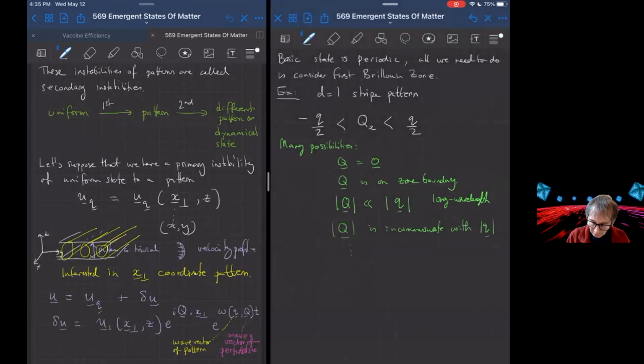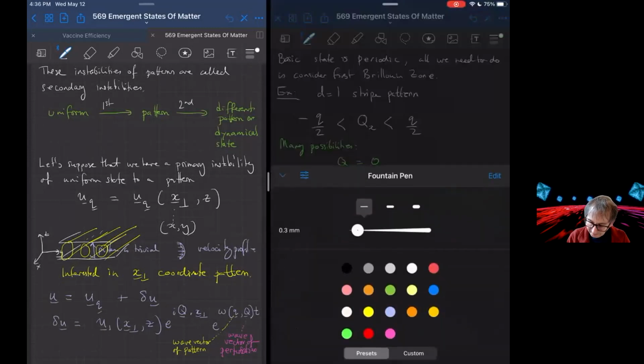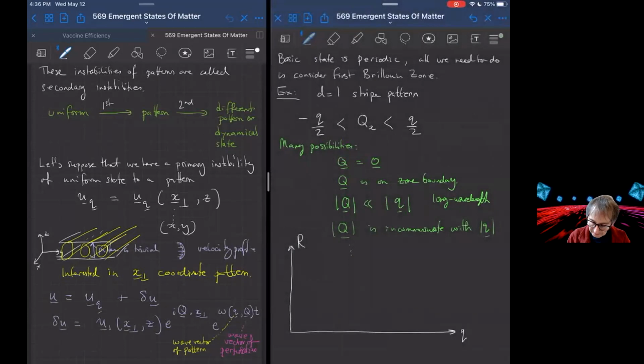So I'm going to draw an example here. Here's our control parameter, R. Here is little q, and I'm going to draw the neutral stability curve like this. This is going to be the neutral stability.